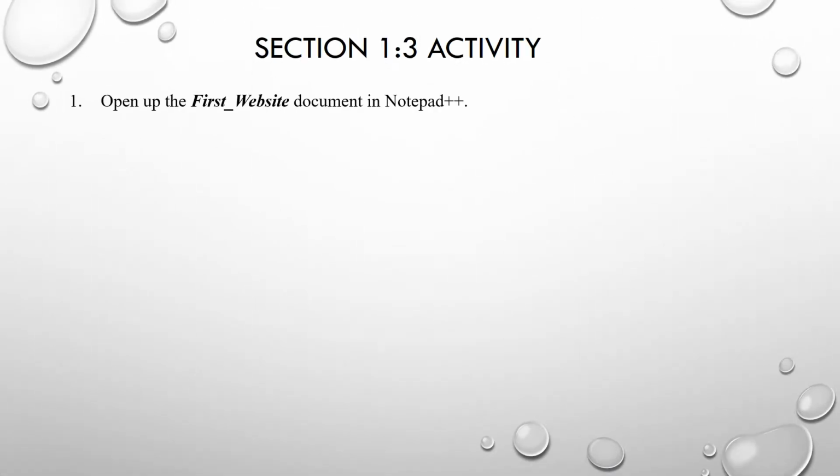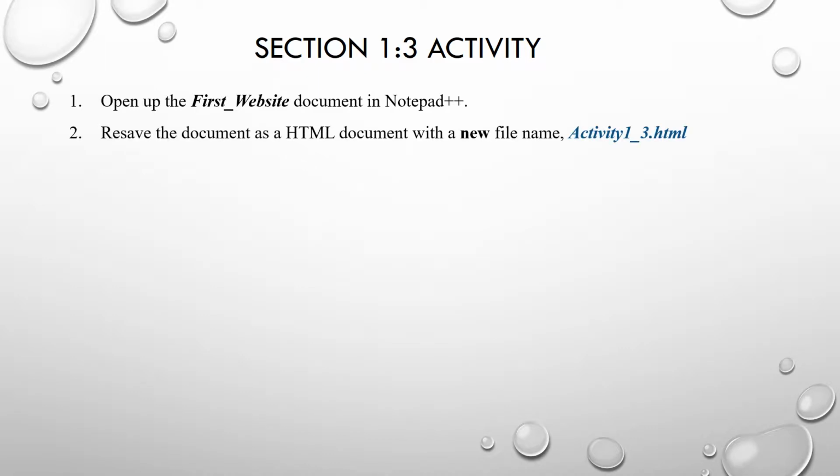We have just finished Section 1-3. Now it's time for your activity. Number 1, open up the first website document in Notepad++. Resave the document with a new file name called activity1_3.html.